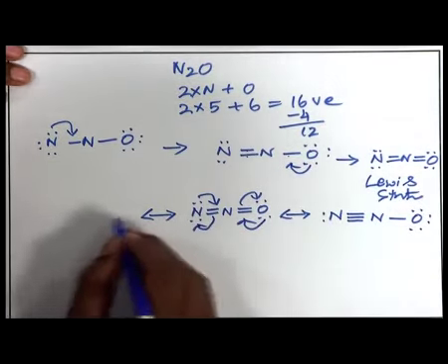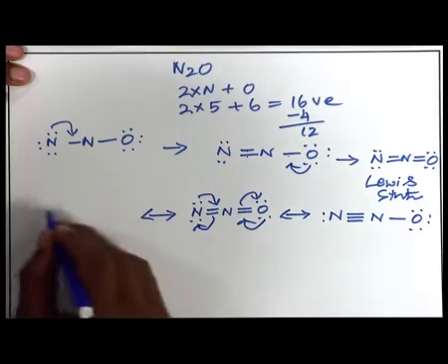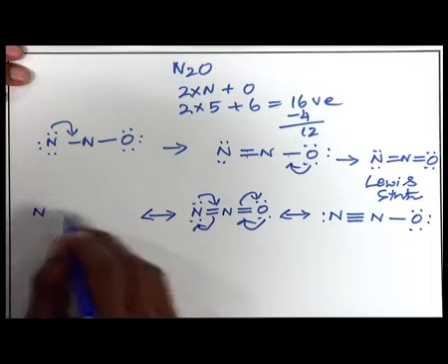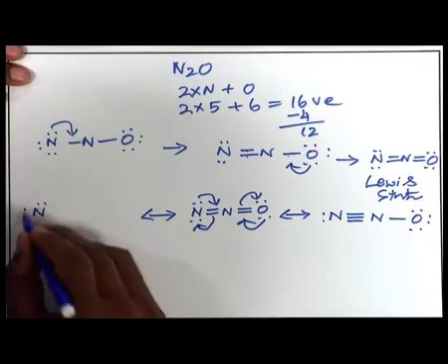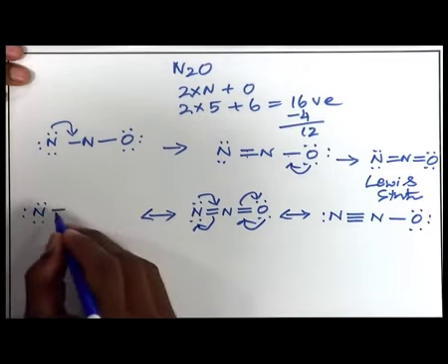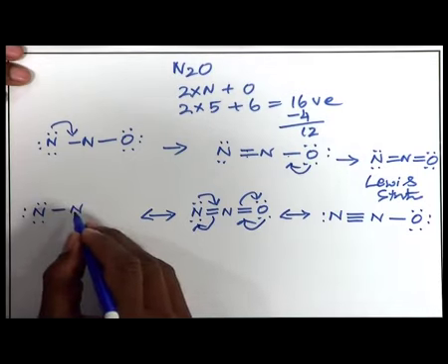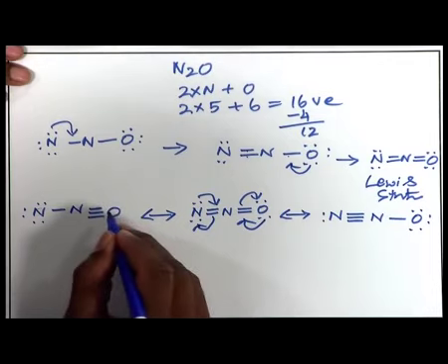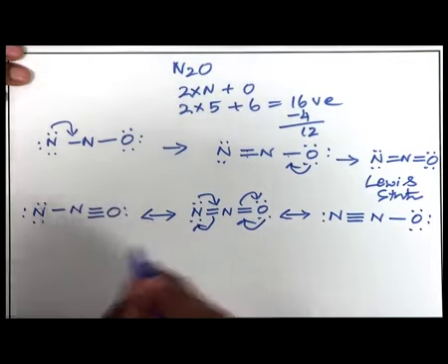You can write nitrogen, 3 lone pairs, it becomes a single bond, and then nitrogen, and then it becomes a triple bond, and then you are left with a lone pair.